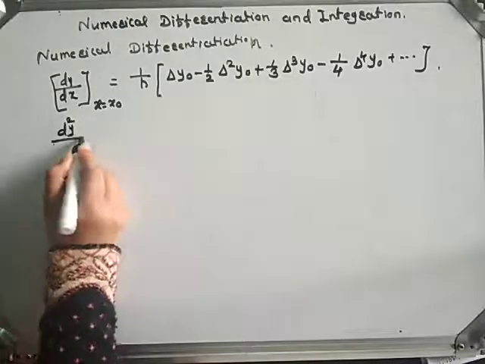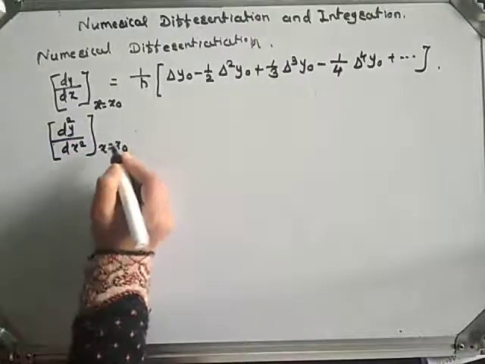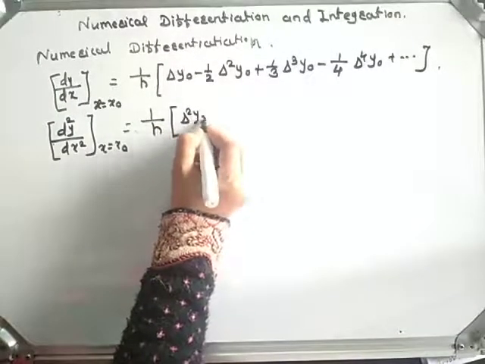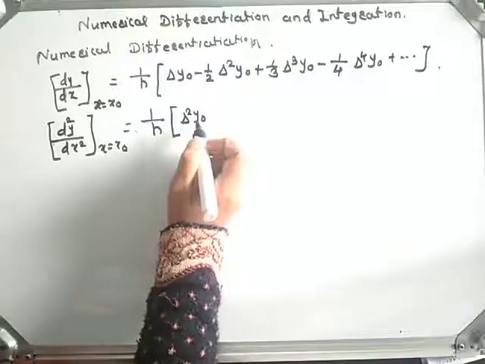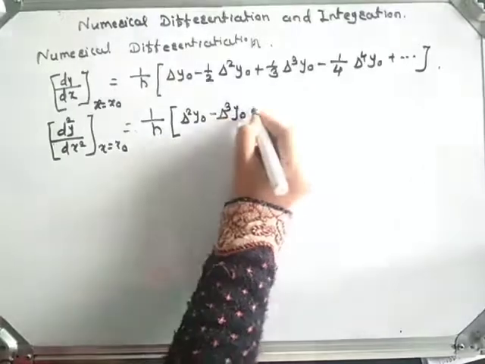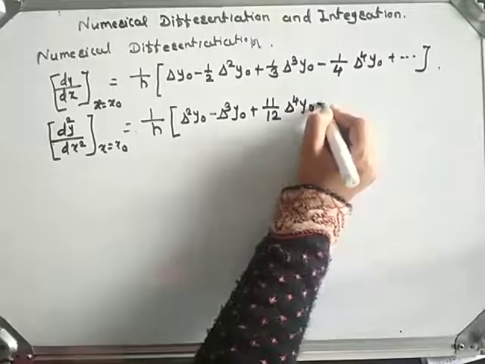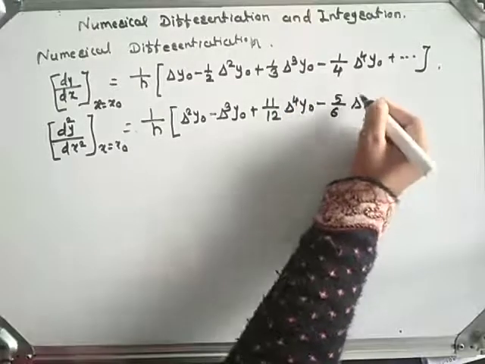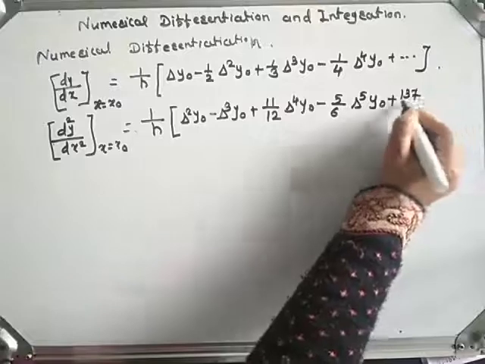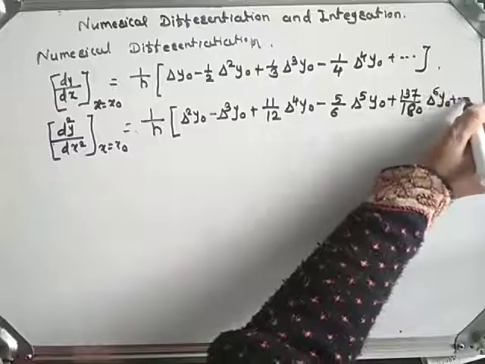And d square y upon dx square at x equals x0, which equals 1 by h in brackets, delta square y0, where delta square y0 means second order forward differences, minus delta cube y0 plus 11 upon 12 delta raised to 4 y0 minus 5 by 6 delta raised to 5 y0 plus 137 upon 180 delta raised to 6 y0 plus and so on.